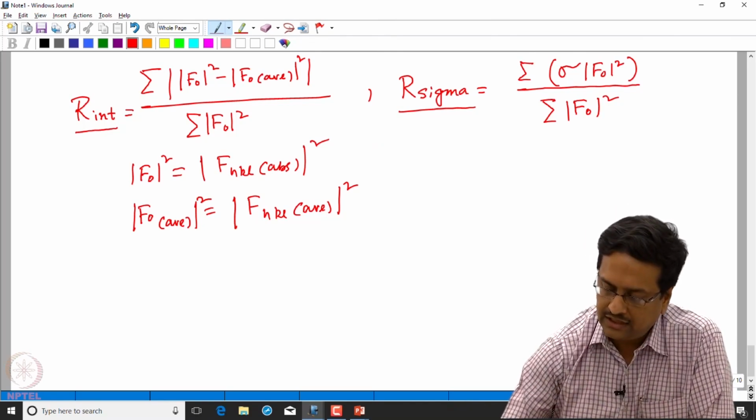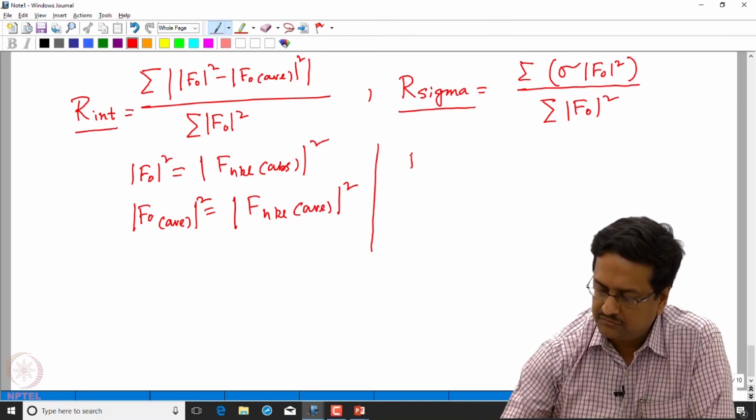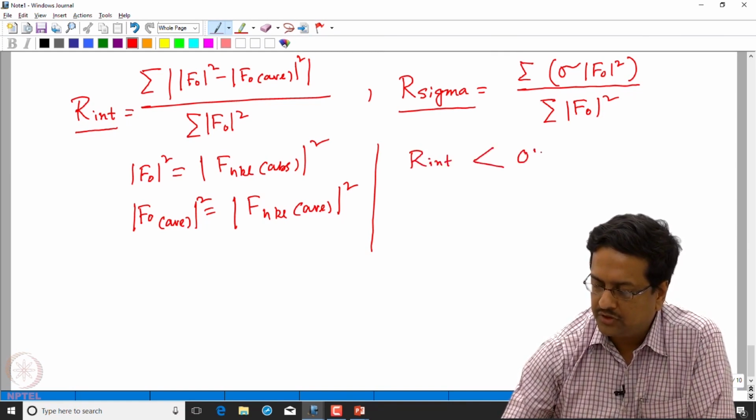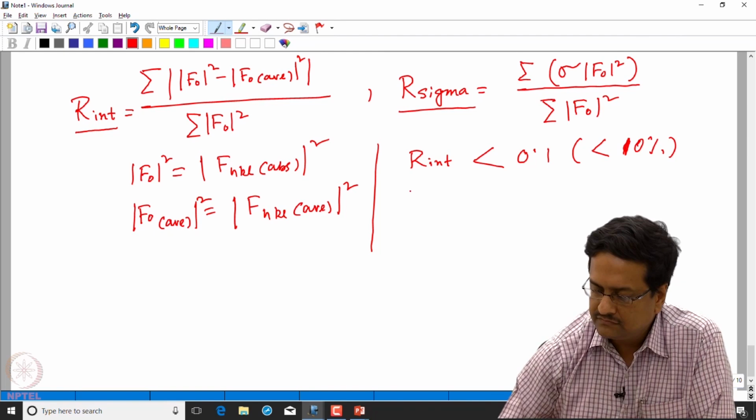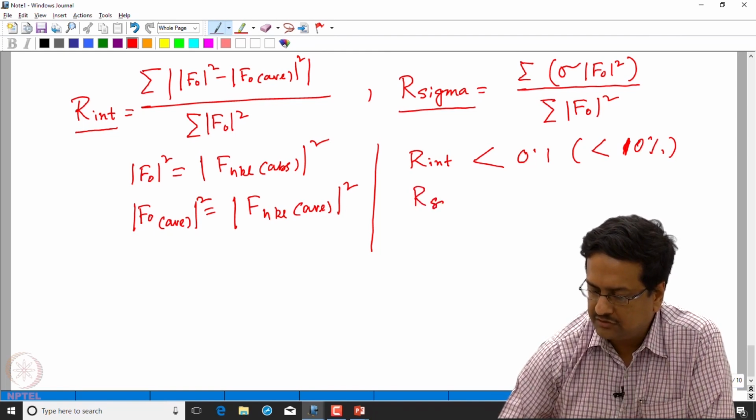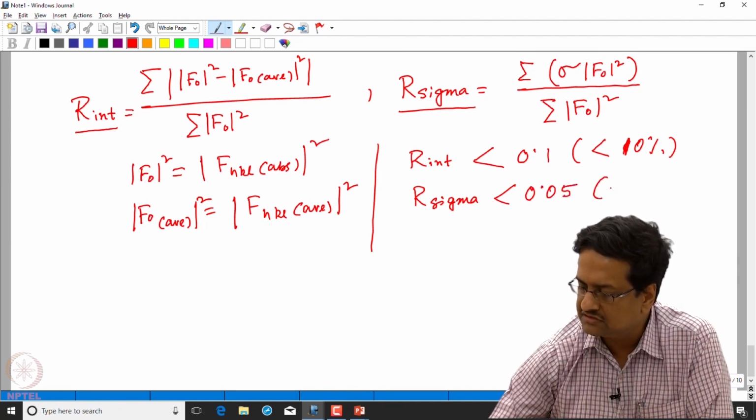The acceptable values are: R int should be less than 0.1, that means less than 10%, and R sigma should be even less than 0.05, which is less than 5%.